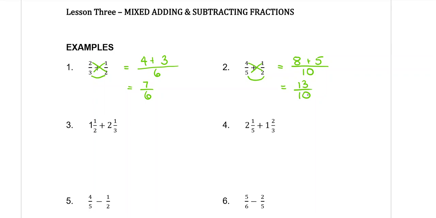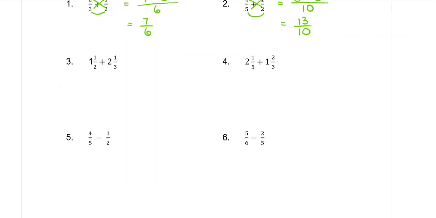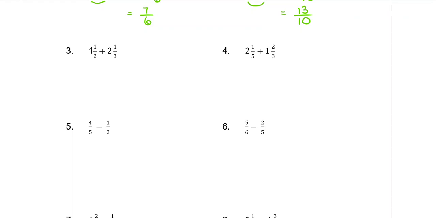These were the ones that we were doing yesterday, and some of you were trying to shortcut it and were making mistakes. So make sure that there are 3 steps for these ones here. The first step is the extra one. It's where you have to turn the mixed numerals into improper fractions.